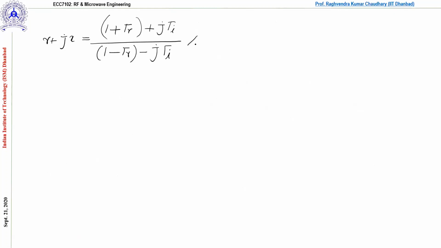Now what we'll do: we multiply the numerator and denominator by (1 minus gamma r plus j gamma i) divided by (1 minus gamma r plus j gamma i). Fine. Can we solve it? Yes, definitely. Some of the intermediate terms I'm skipping here.